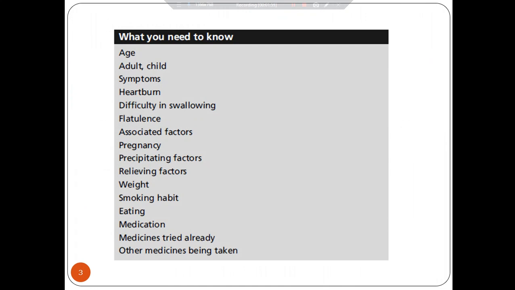Precipitating factors, relieving factors, and weight of the patient, because being overweight is also one of the leading or precipitating factors of heartburn. Smoking habit is also one of the factors that can contribute to heartburn, and the eating pattern of the patient, and the medications used by the patient. Also, you should know the medicines that were already tried to relieve the symptoms before, and other medicines being taken by the patient.